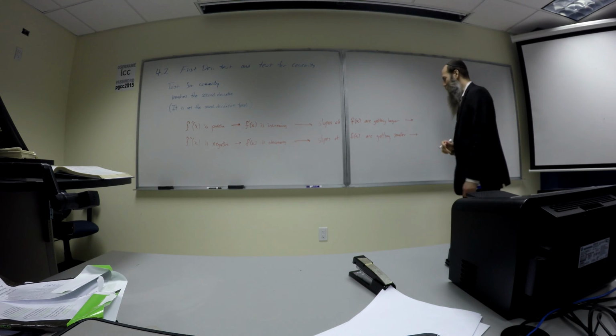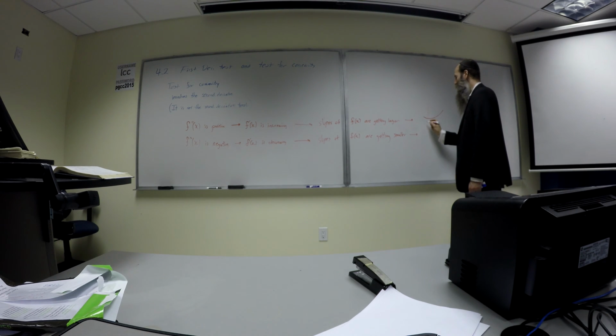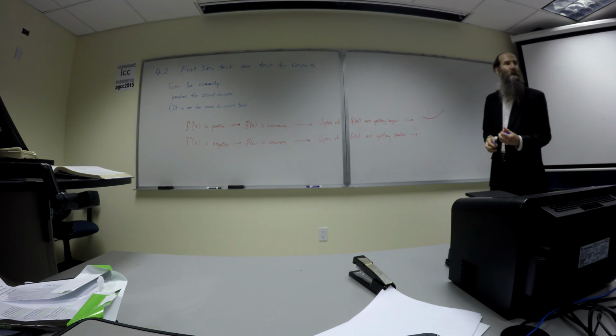I'll just draw it without the coordinate axes. So if the slopes of f are getting larger, right? Then wherever I start drawing the curve, if I should start here, per se, and draw the curve like this, would you agree the slopes of this curve are getting larger?